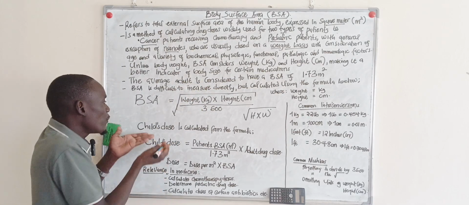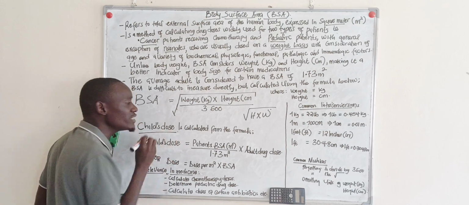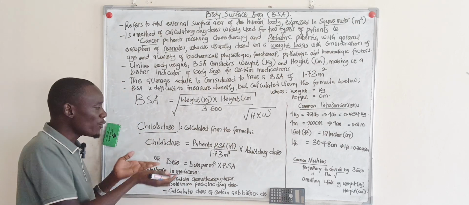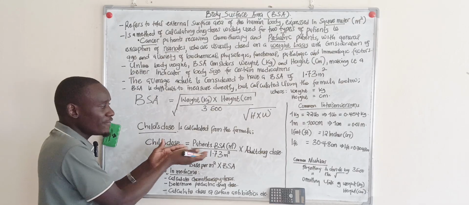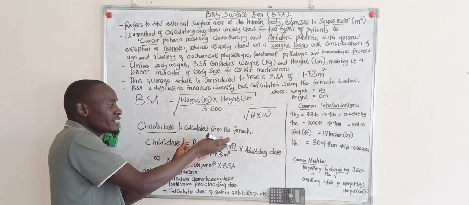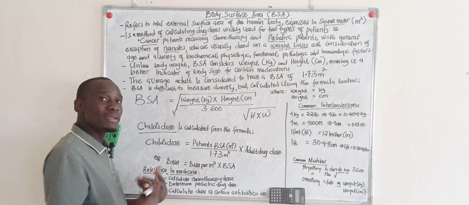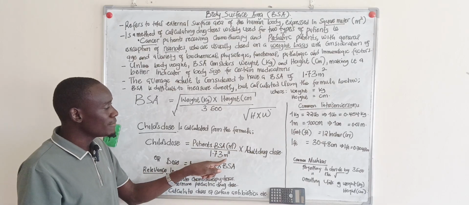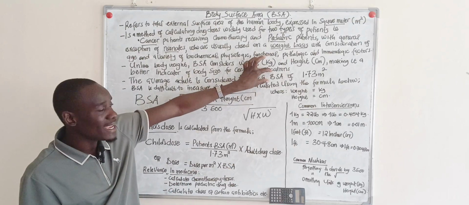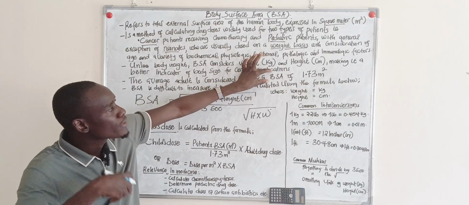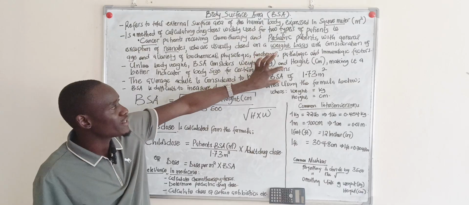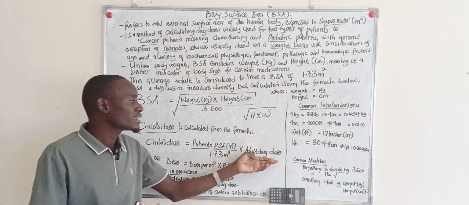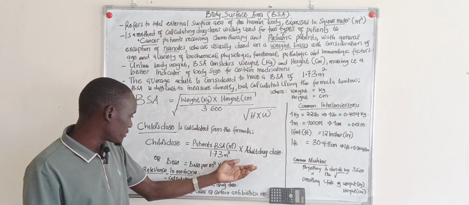If we need to calculate the child's dose, we calculate it from the formula where the child's dose is given by the patient's body surface area in meters squared divided by 1.73 meters squared, which is the average body surface area of an average adult, times the adult dose.